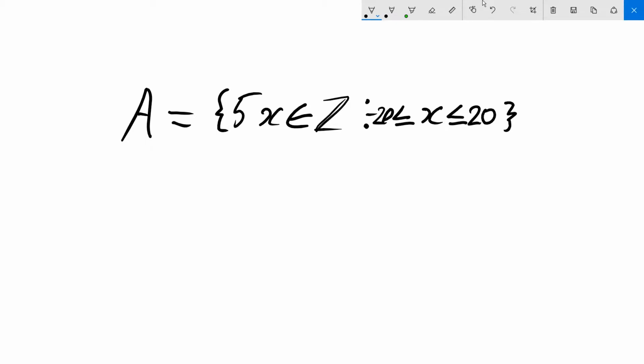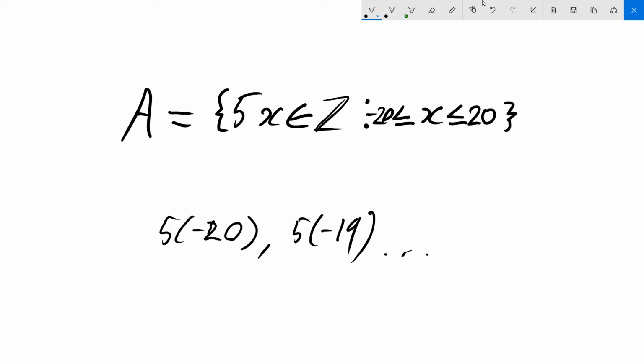So this will give us 5 lots of negative 20, 5 lots of negative 19, etc. All the way to 5 lots of nothing, and then 5 lots of 1, etc. All the way to 5 lots of 20 again.